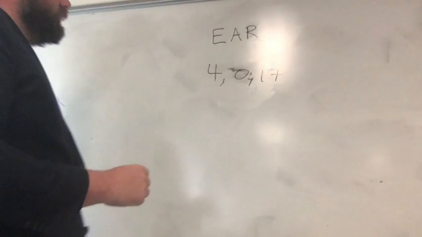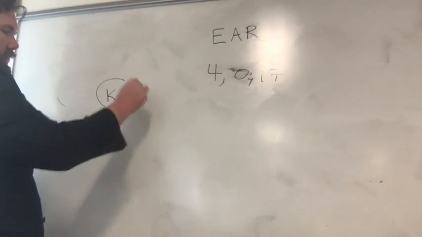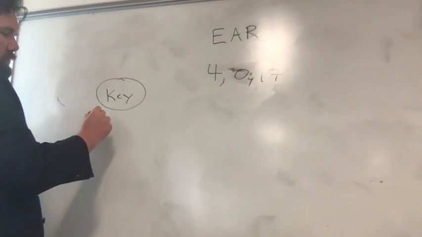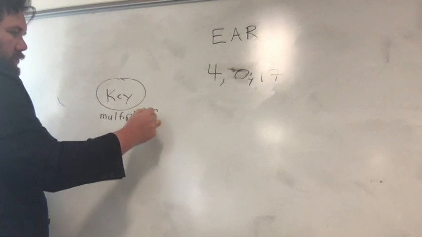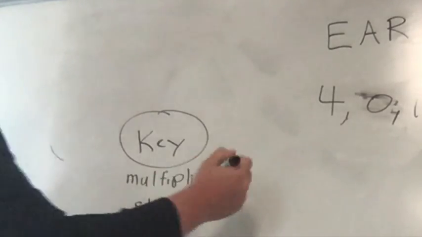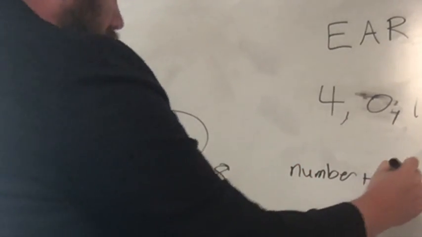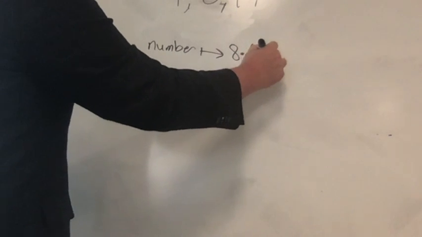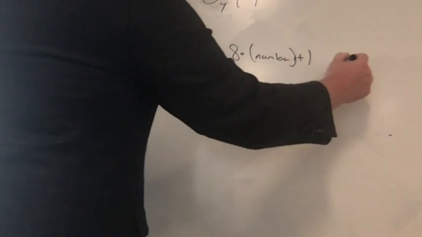Let's look at an encryption where our key is going to be a multiplier and a shift. I'm going to say that the multiplier is 8 and the shift is 1. So I'm taking whatever the number is and I'm mapping it to 8 times the number plus 1 mod 26.